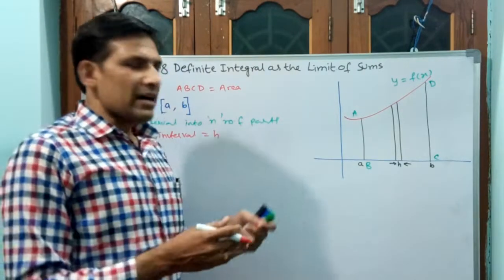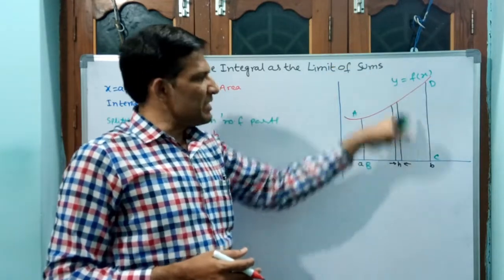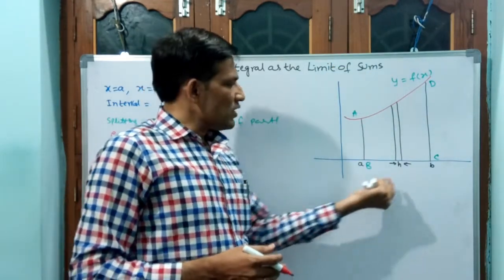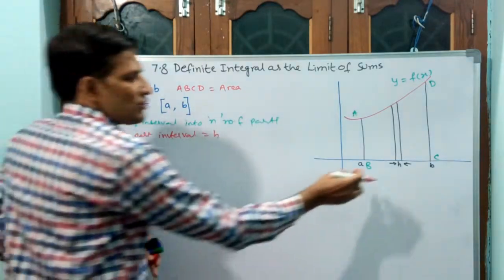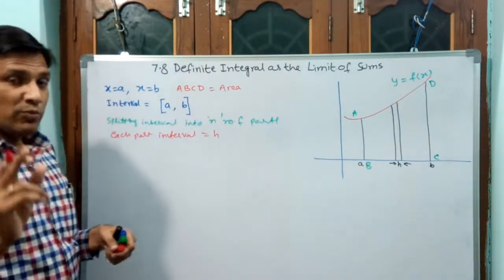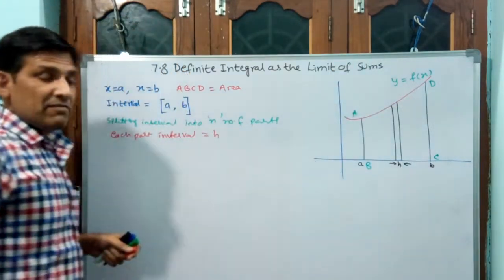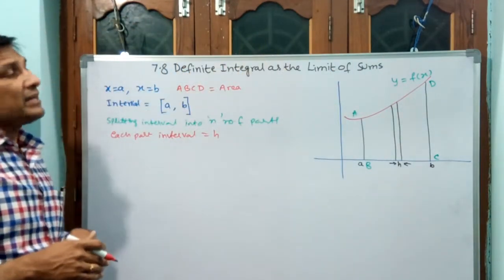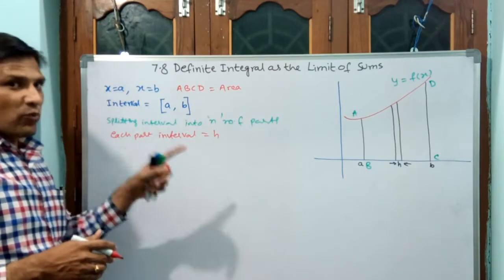Let us assume this as breadth and this is length. Bigger one we are calling normally as length, smaller one we are calling width or breadth. Breadth may be constant, input may be constant for each interval, but output length is different. Why? Because height is making a difference because of the profile of the curve.